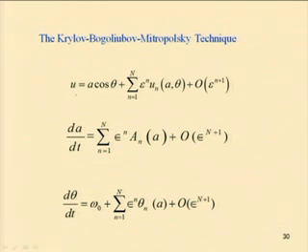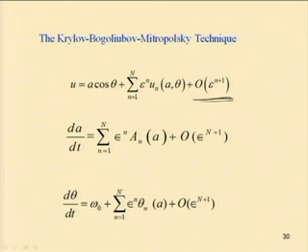So, one can assume u equal to a cos theta plus summation n equal to 1 to N of epsilon to the power n u n, where u n is a function of a and theta, and one can neglect the order of epsilon to the power N plus 1. So, considering up to the Nth mode, one can neglect after N plus 1.